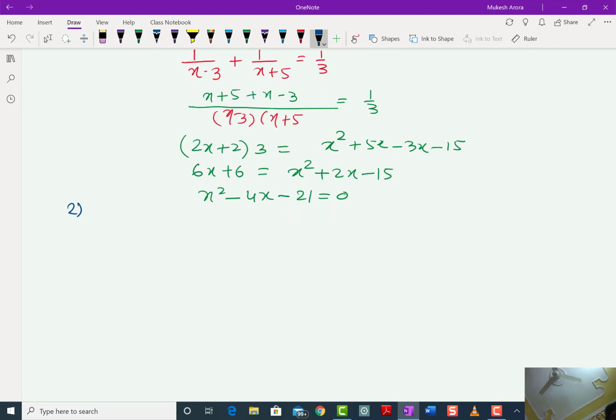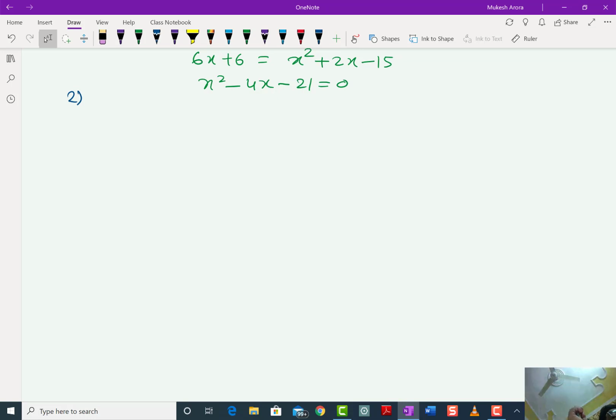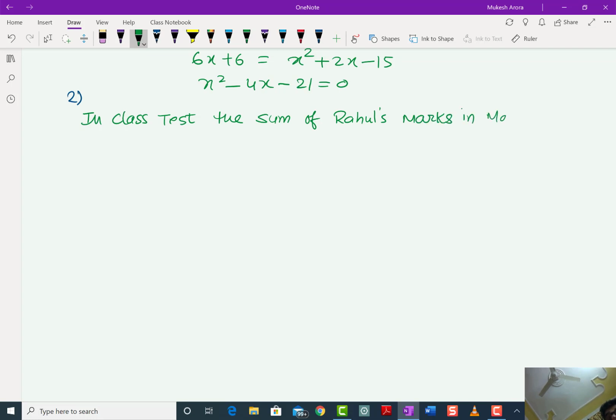Second sum is: in a class test, the sum of Rahul's marks in maths and English is 30.